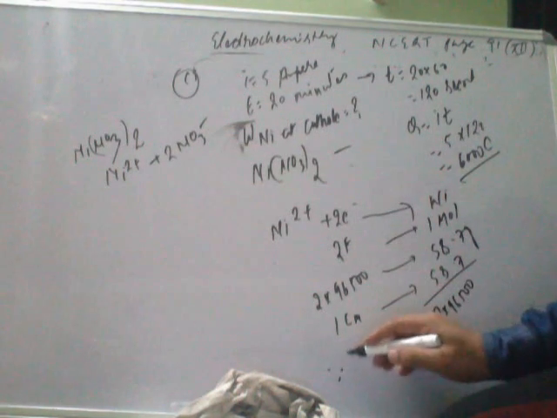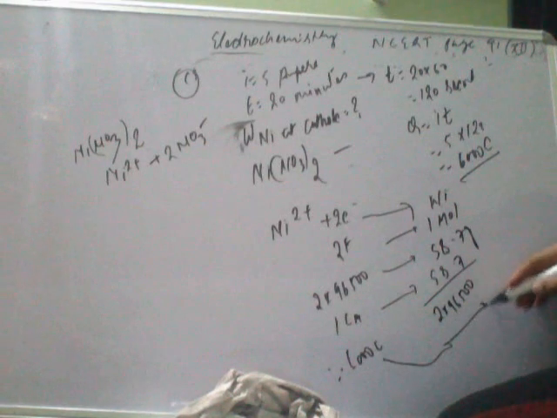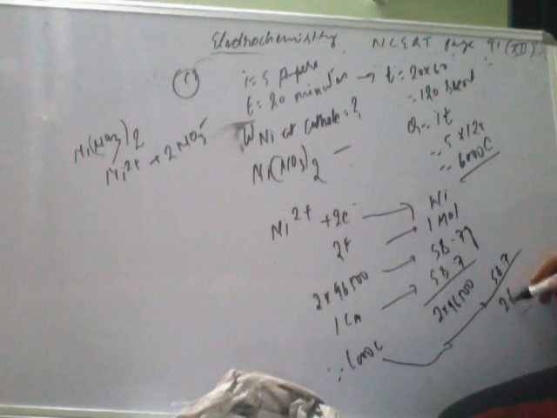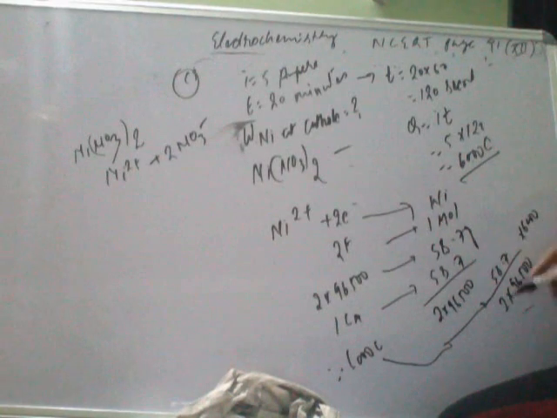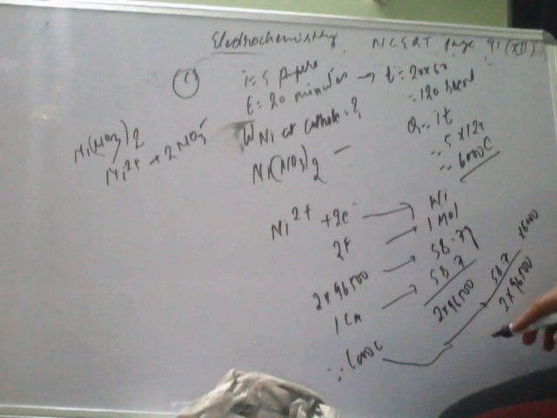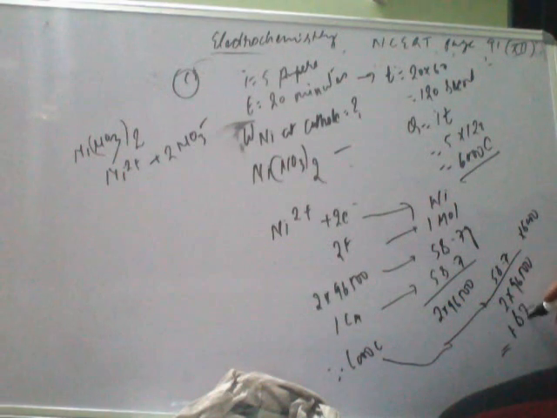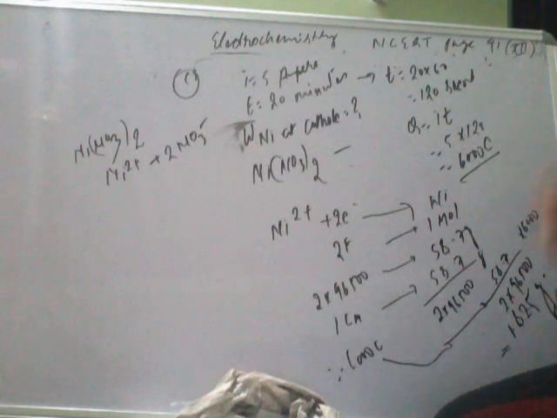Therefore 6,000 coulomb of electricity will deposit 58.7 divided by 2 into 96,500, multiplied by 6,000. What you will get is 1.825 gram. This much nickel will be deposited at the cathode, right?